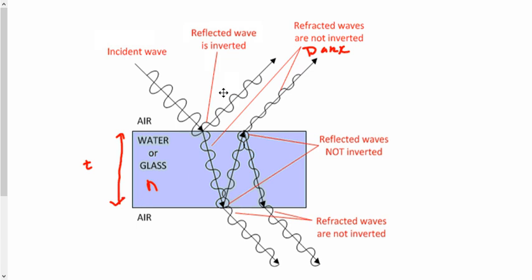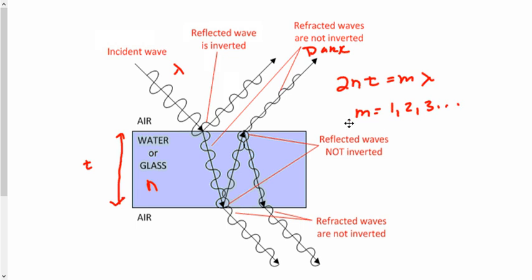And then there, of course, will be a wavelength of light coming in. So how do we figure this out? Well, because these two are out of phase with each other, the equation is going to be 2nt equals m lambda, and m is going to equal 1, 2, 3, etc.